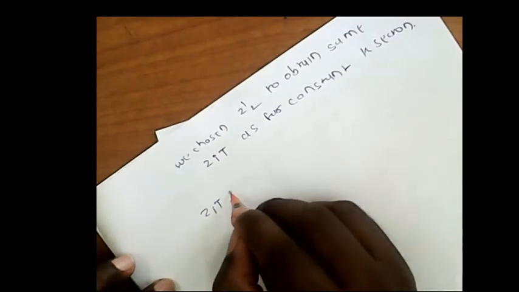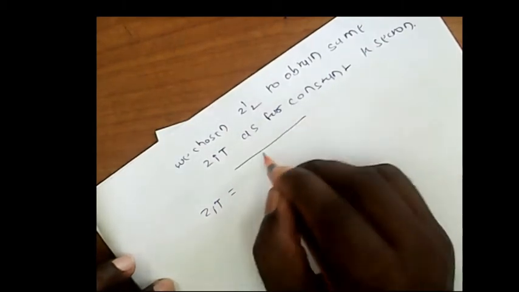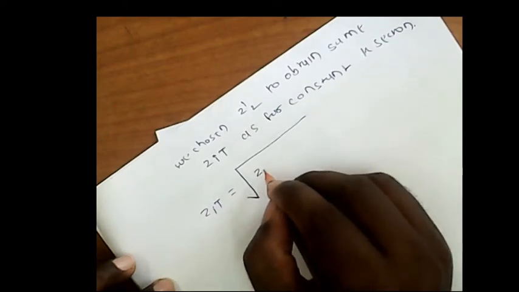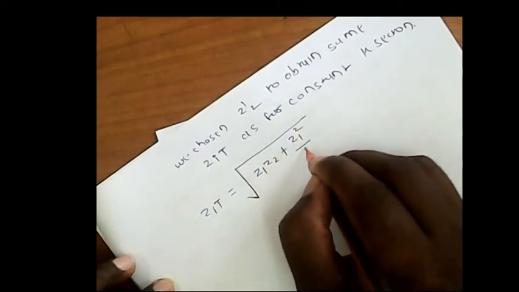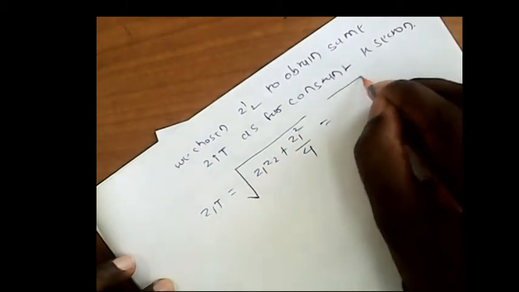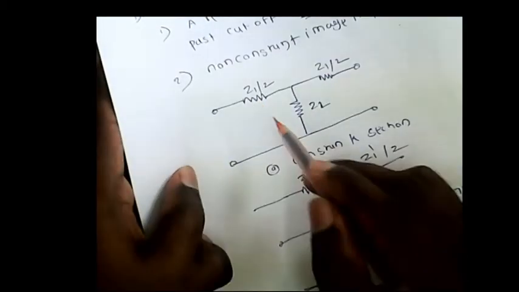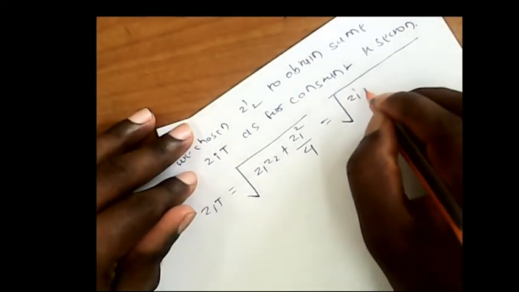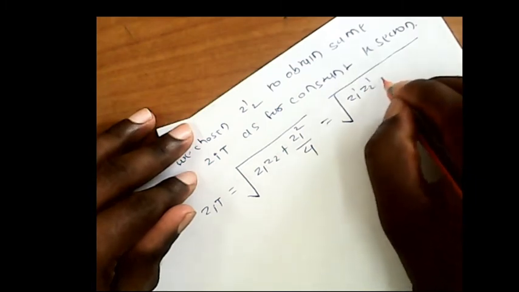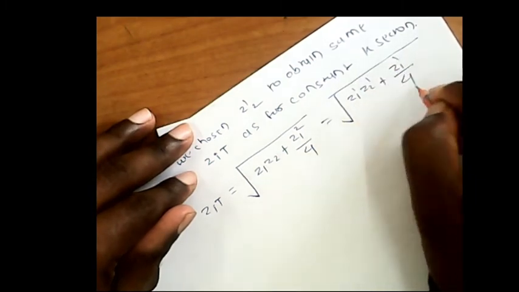So ZIT is equal to, so the image impedance at the T section is equal to the square root of Z1 Z2 plus Z1 square divided by 4. So from the figure we put the values Z1 dash by 2, and we get Z1 dash Z2 dash plus Z1 square divided by 4.